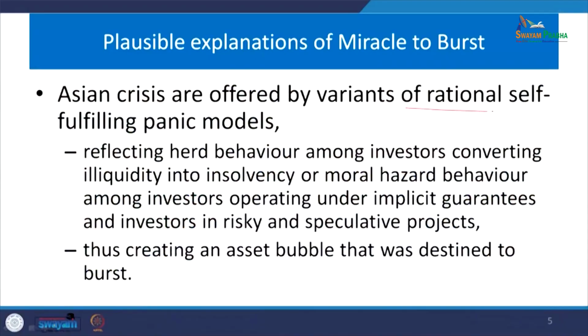Therefore, other crises stemmed from the crisis of the bubble. Similarly, in this case it was experienced that there were some cases of rational self-fulfilling panic, and accordingly some models and theories were developed, which emphasize herd behavior of the investors, which converts into illiquidity and then insolvency in the system.